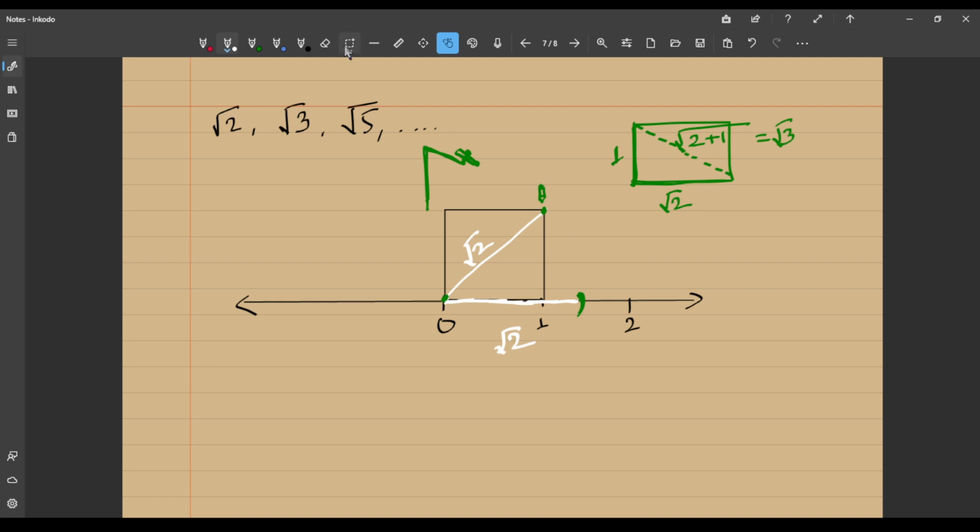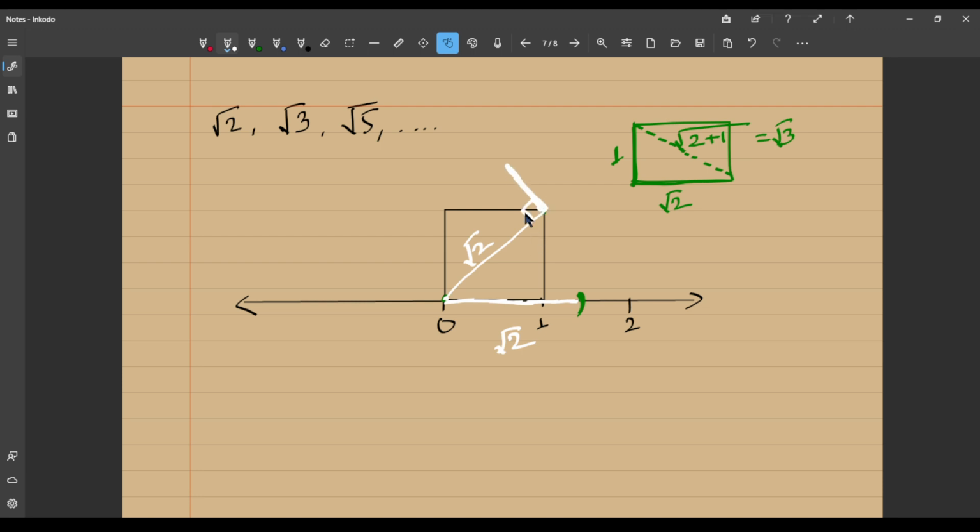Again, I use the tools I already have. I'll erase these, and using the same square root of 2 line, I won't erase the line. Using the same line, I draw a perpendicular, that is a 90-degree line, from this square root of 2 line. I draw this perpendicular line with my scale, or with a protractor if you want.